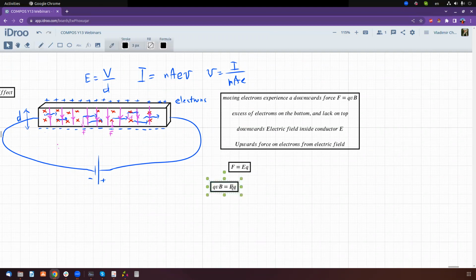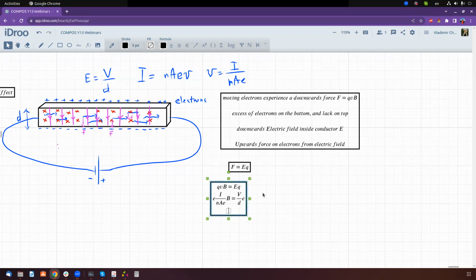So we can write this down. So E times V, which is I divided by NAE, multiplied by B is equal to E, which is the voltage between the top and bottom, divided by the distance between, and multiplied by E. And you see that a bunch of stuff cancels.